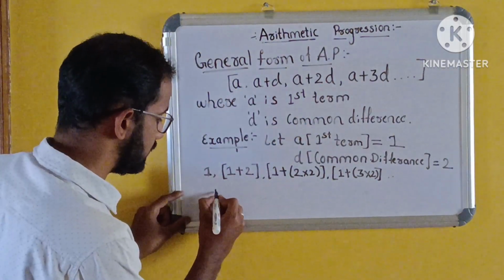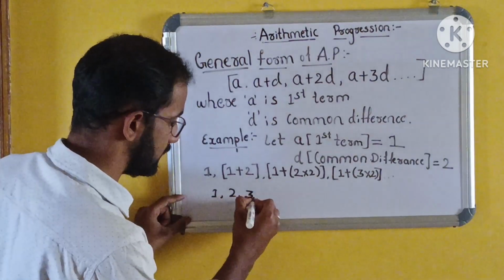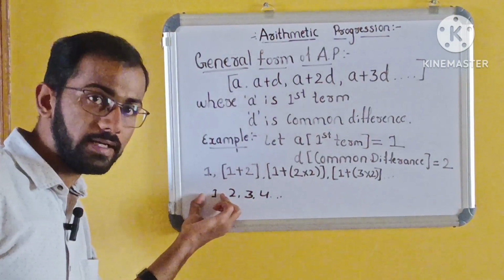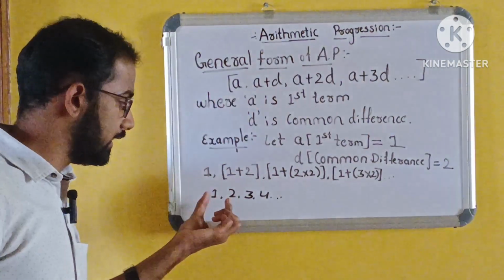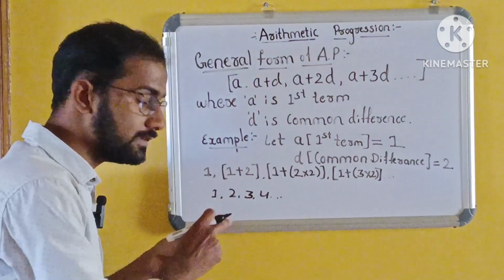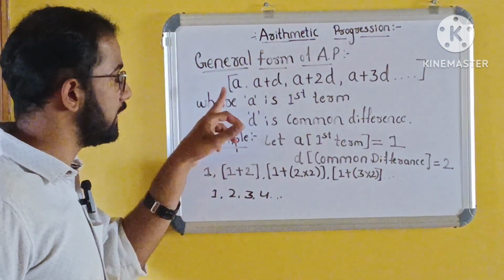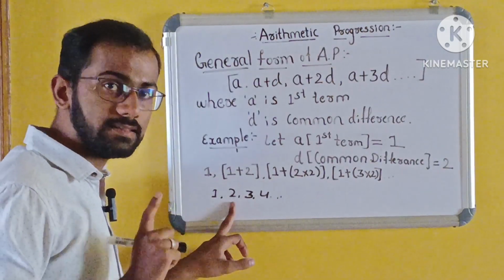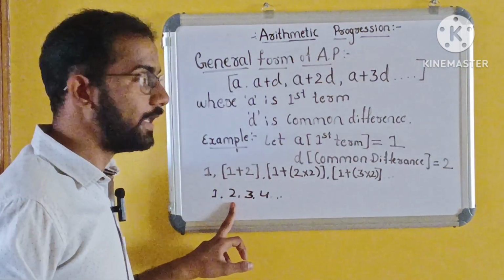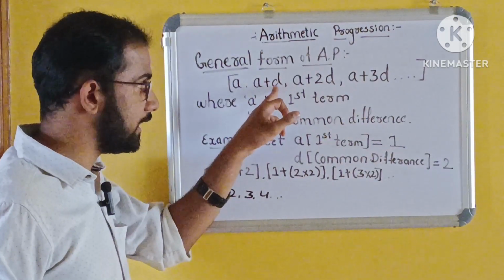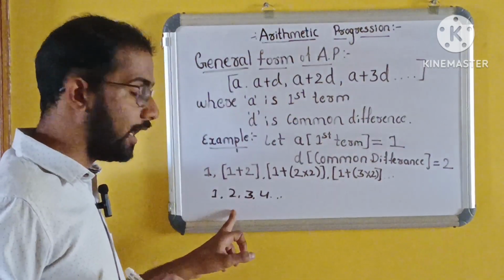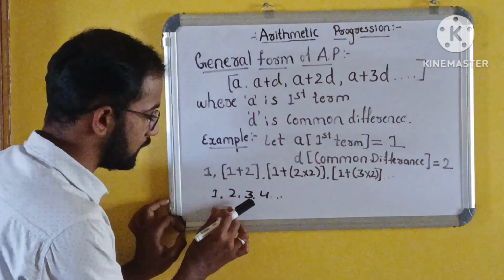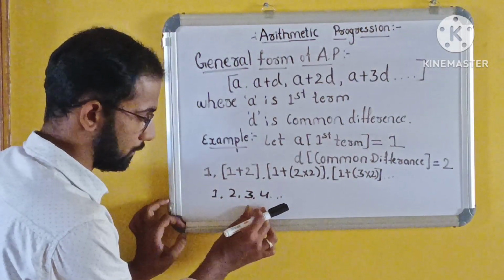If we consider a sequence like this, here 1 is the first term, and it is denoted by a. And 2 is the second term. How can we obtain a plus d? But we don't know d here. How? We can take the difference between these two numbers.